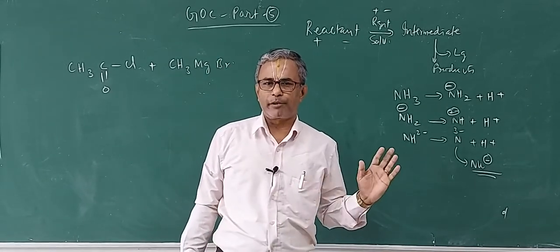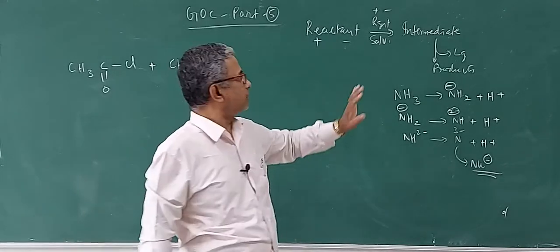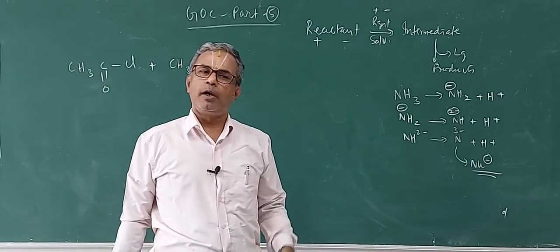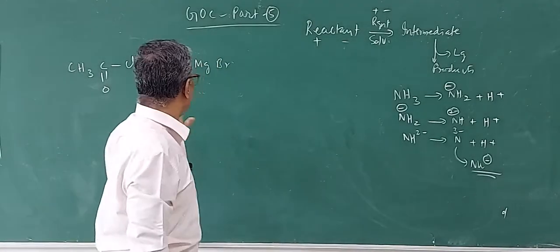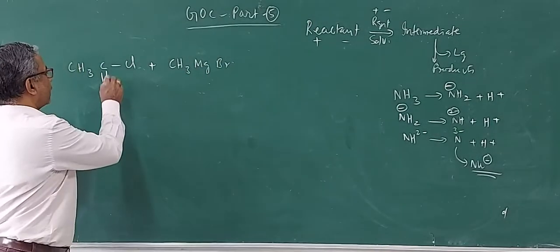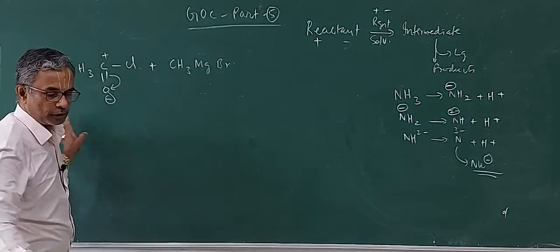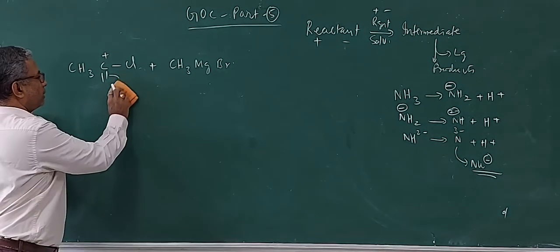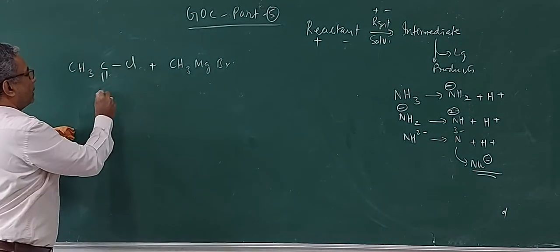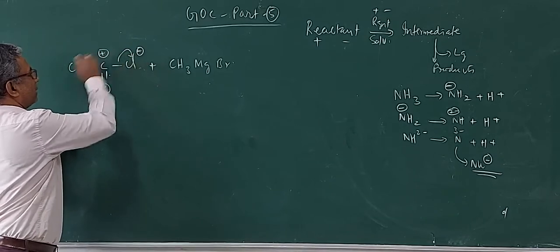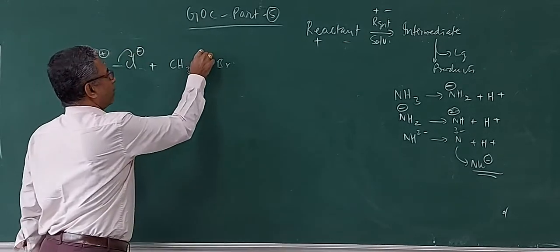In 99% of reactions you will have plus minus generation as I explained in the first video, but in some cases, like this one, generally we tend to put it like this, but this is not the way you should put it, because this bond doesn't break here, but this bond breaks here. So you will have plus and minus here.